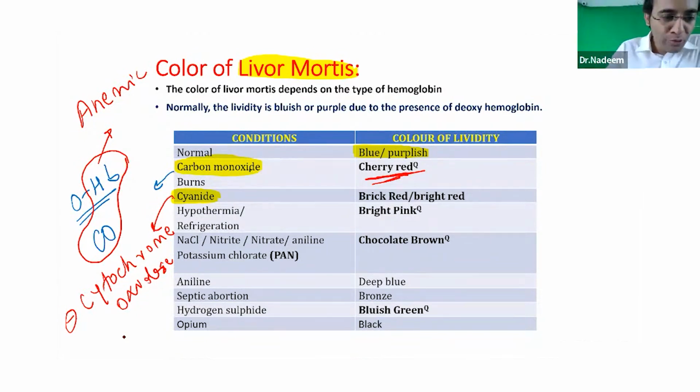Basically, it blocks the fourth complex of the ETC. So oxygen is available, but tissues are not able to use it because of the absence of cytochrome oxidase. So this is what? Histotoxic hypoxia.